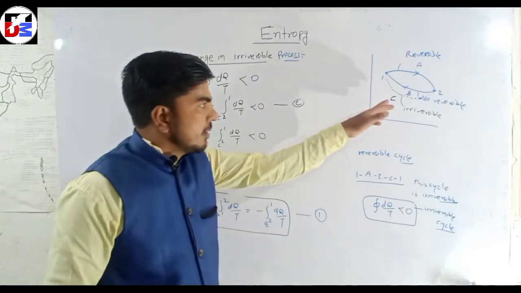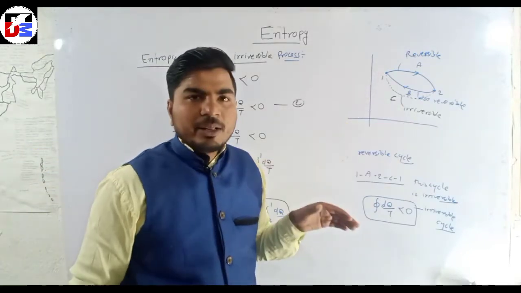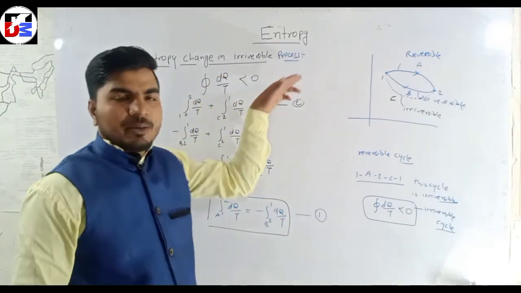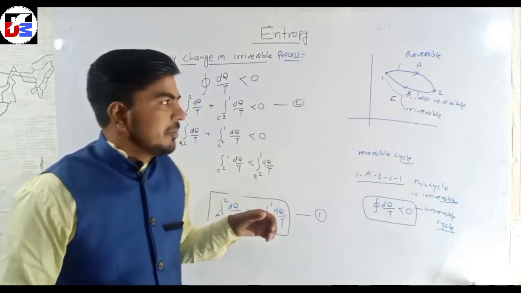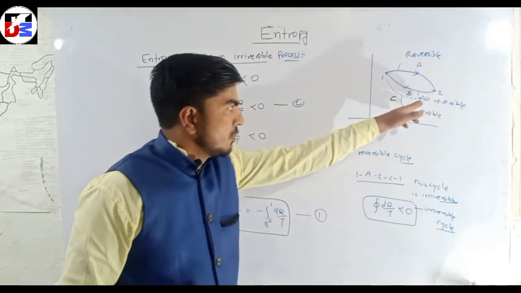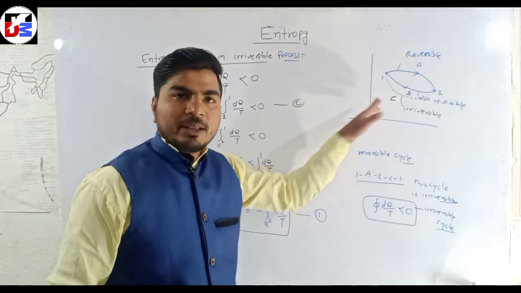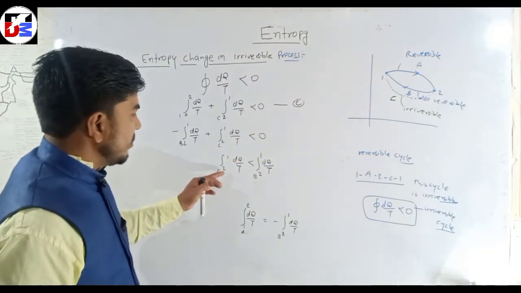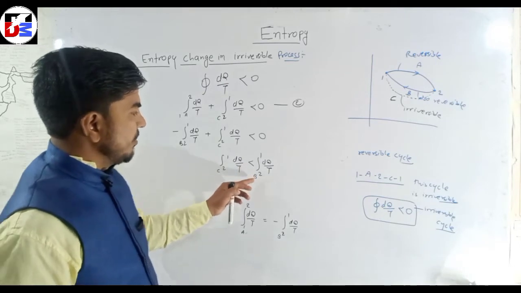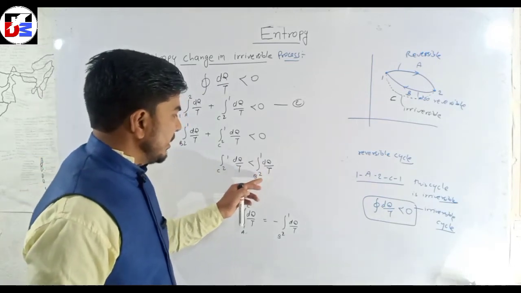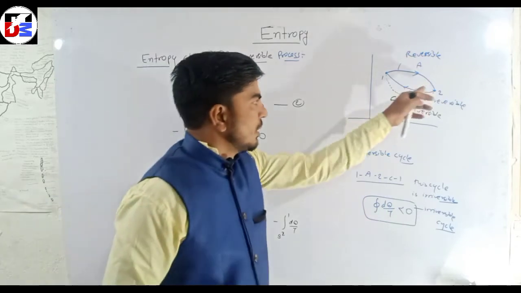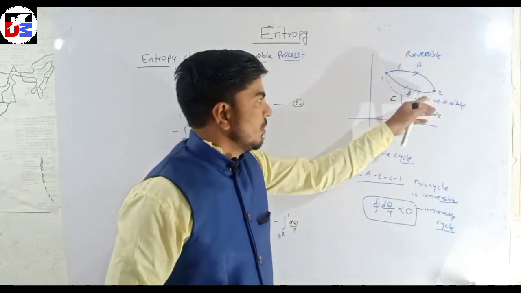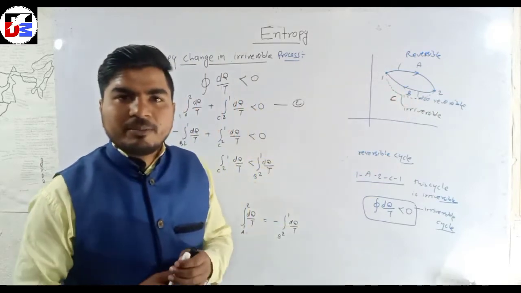We see here path C is irreversible, and our topic is also entropy change in an irreversible process. So what is the value of entropy change in the process 2 to 1 followed by path C? Now we see here that path C from 2 to 1 dQ/T is less than path B from 2 to 1 dQ/T. Path B is a reversible path and path C is an irreversible path.